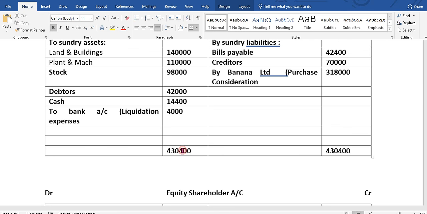Why? Because credit side is more than debit side. So this profit on realization is to be transferred to equity shareholders account.